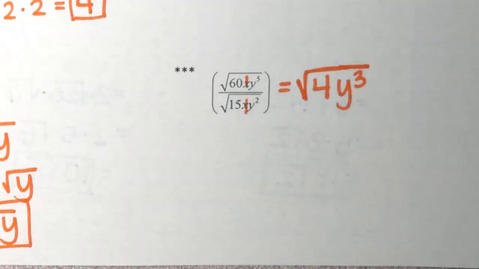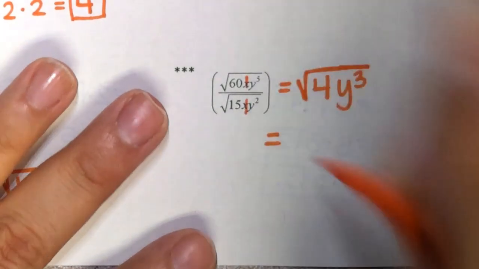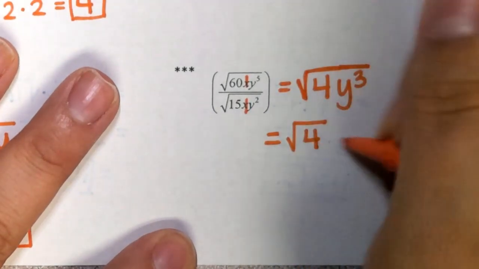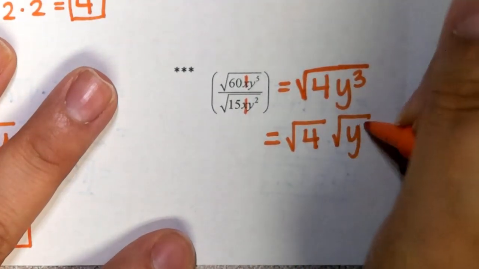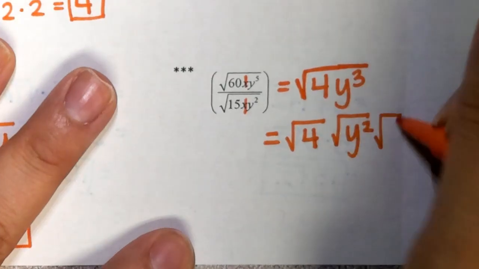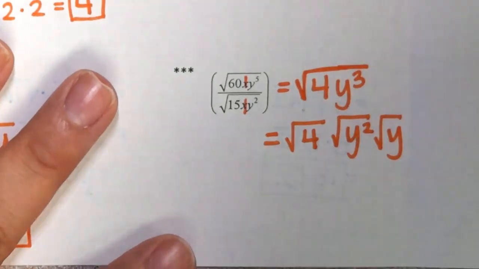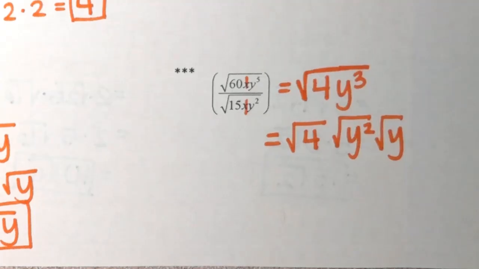If I were to write out 5 y's on the top and 2 y's on the bottom, you cross them out, we're left with 3. Now, I am going to separate this, but watch. When I separate this, I'm going to separate with y squared and a y, because I have 2 y's and then there's my third y. And you'll see why in just a second.